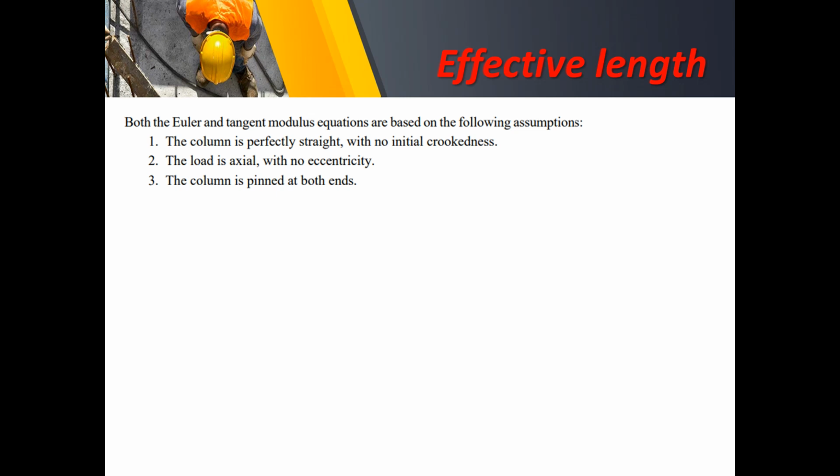Secondly, the load is axial with no eccentricity, and the column is pinned at both ends. So with these three basic assumptions on the Euler's and tangent modulus equation, we need to have an adjustment factor for the effective length.